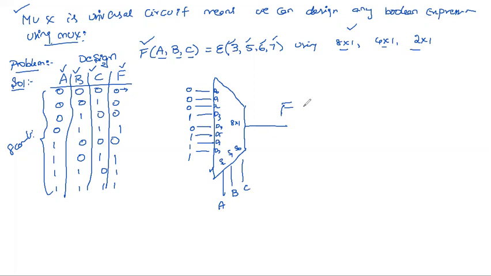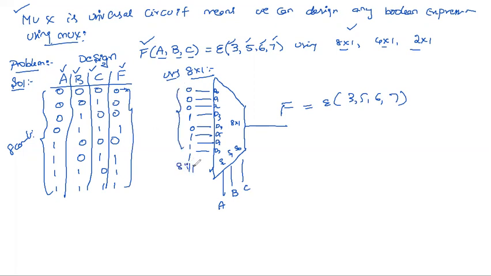So this is the final expression, sigma 3, 5, 6, 7. Simple. This is using 8 by 1 because here there are 8 combinations and we have 8 inputs, so both are same. So it is simple and easy to assign.